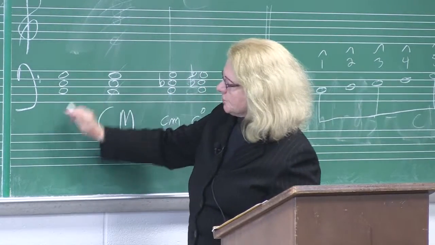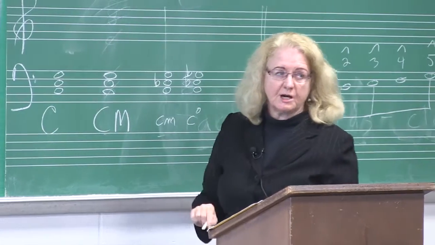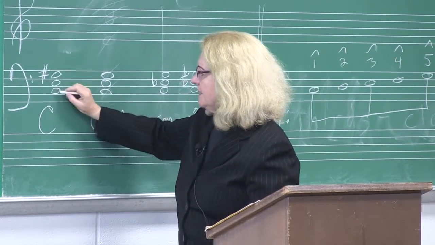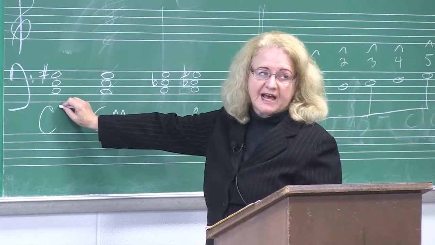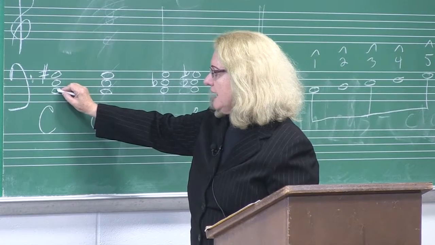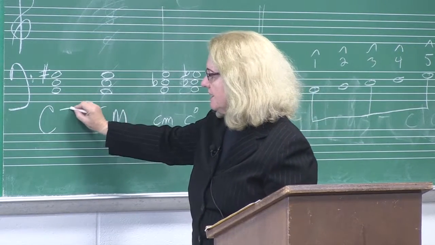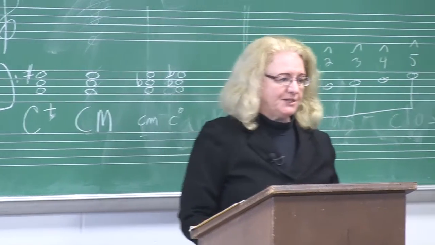Here's the C major chord, right? But now I'm going to sharp the G. C, E, G sharp. I've increased the size of the interval from C to G. It's now an augmented fifth. So I've got an augmented triad.